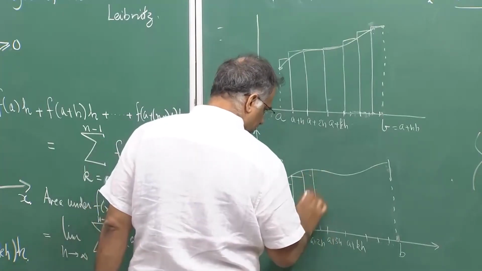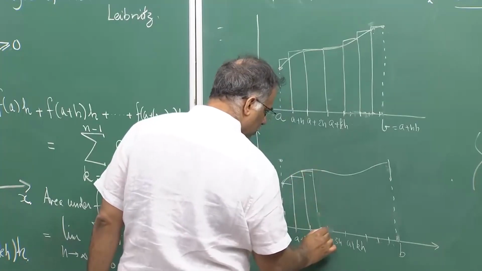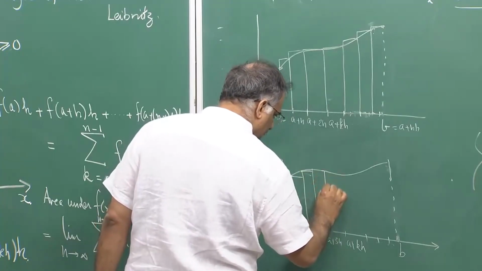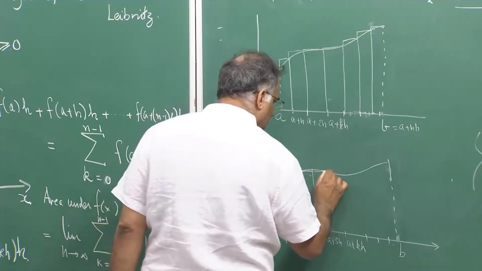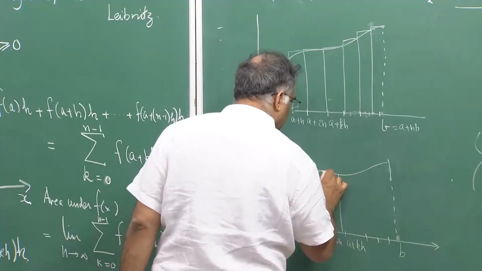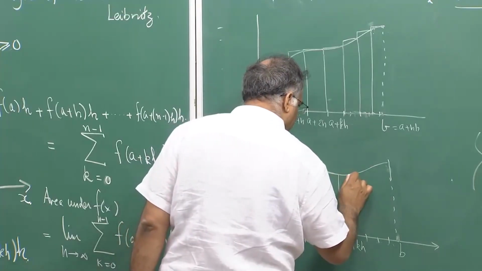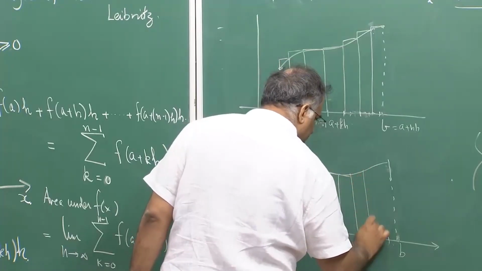This function at a plus 3h is here, and then again the lower value is slightly here, it's like this, and here again the lower value is here, and it just goes on like this. See, this will all be underestimation now.